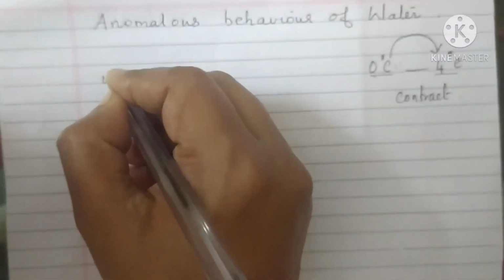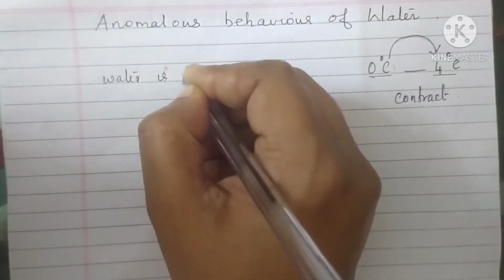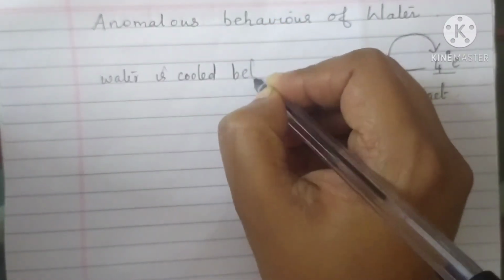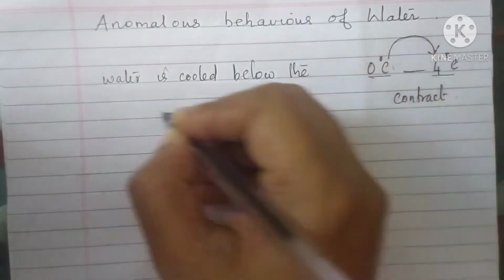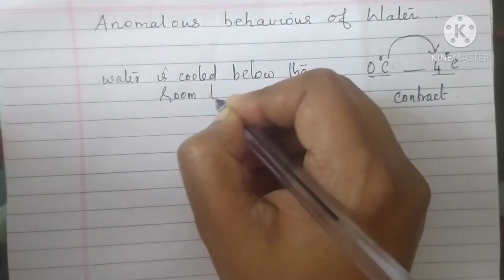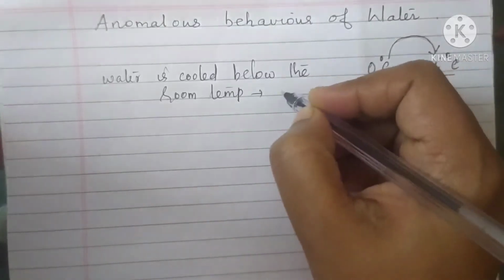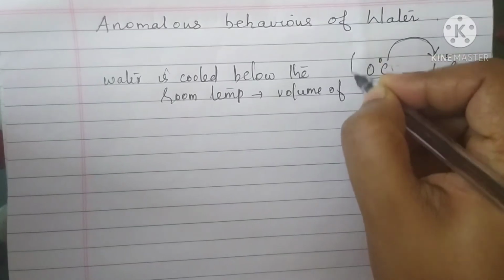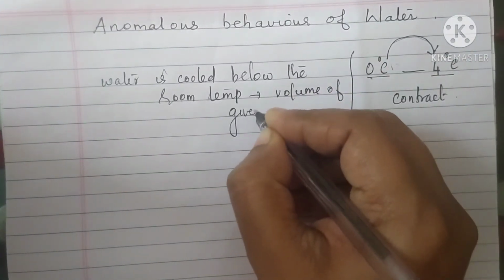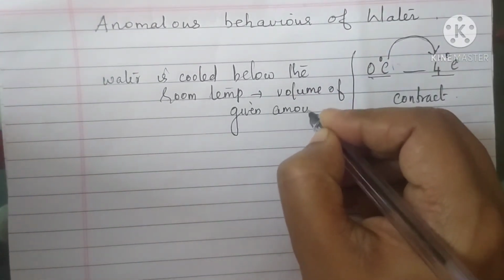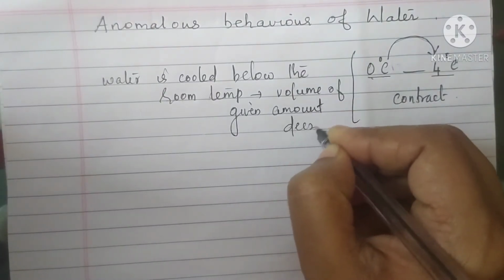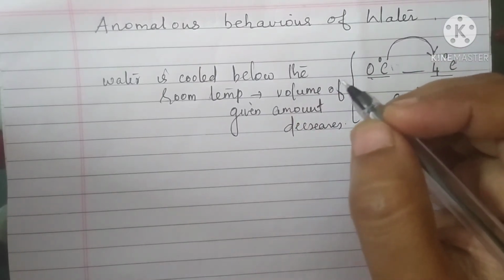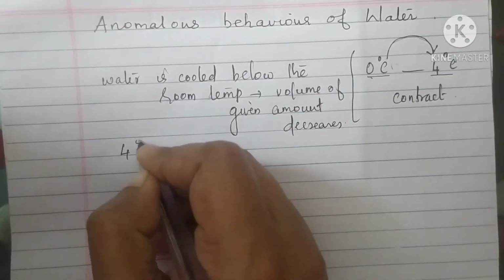We know that. So when water is cooled below the room temperature, the volume of the given amount of water will decrease, until its temperature reaches 4 degrees Celsius.